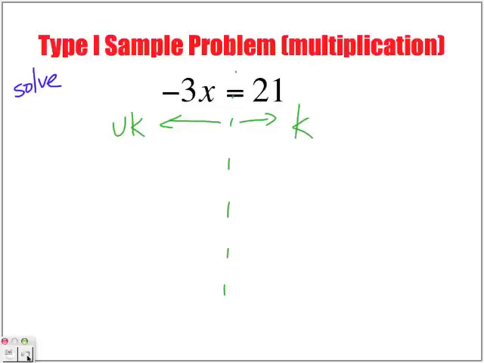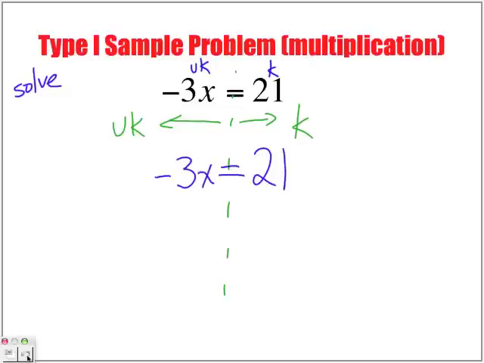Notice here, negative 3x is considered an unknown value, already on the correct side. 21 is a known value. Notice the equation is already in the order that we want it to be, so there's nothing for us to change. I'm just going to rewrite the equation.